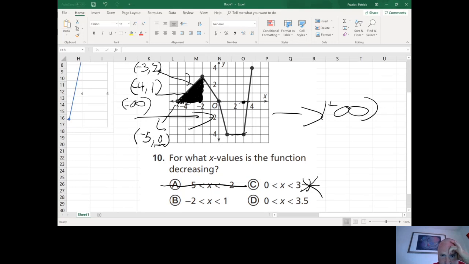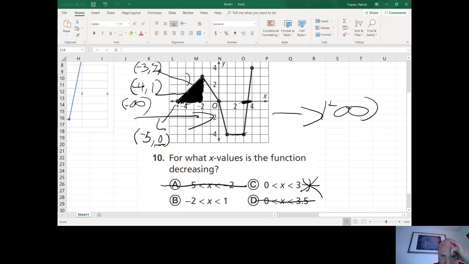X is getting bigger, or y is getting bigger. When x is between 3 and 4, y is getting bigger, so that one doesn't really make any sense.